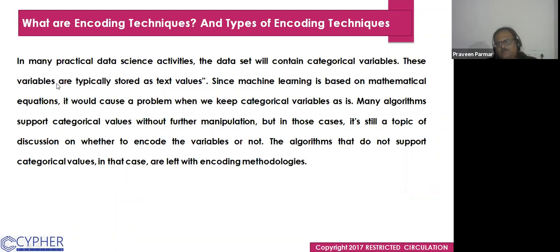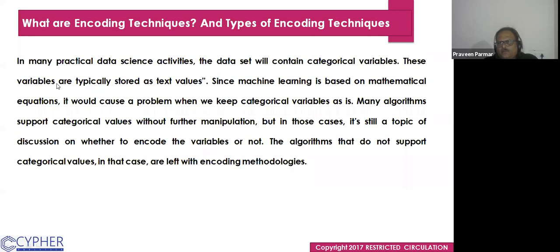Many algorithms support categorical values without further manipulation, like the decision tree, as I explained. But for linear and logistic regression, we need to convert the categorical column into a numeric one. Still, it is a topic of discussion whether to encode the variables or not. For the decision tree there is no need to convert the categorical into numeric form, binary or whatever.